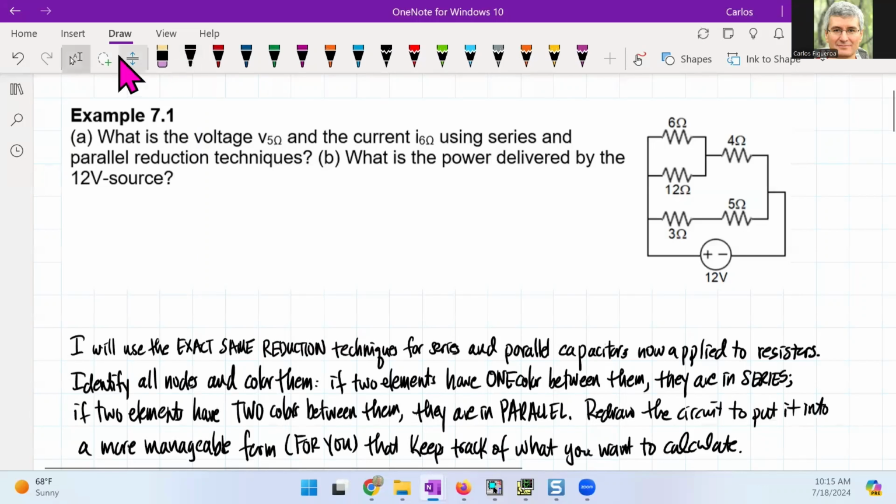So in this case, we're trying to calculate the voltage of the 5 ohm and the current through the 6 ohm. So you want to keep the details of those two alive.